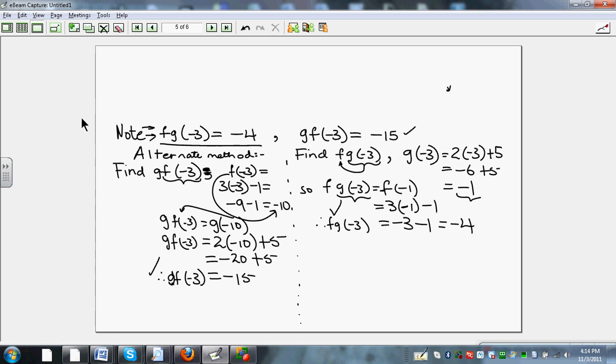In other words, composite functions are not commutative, meaning you cannot reverse them and get the same result.